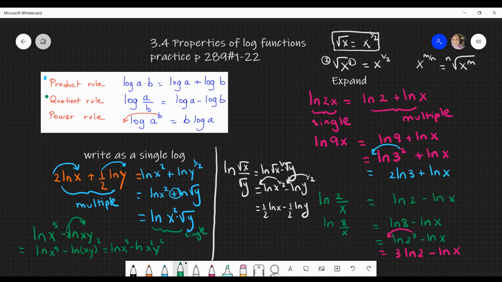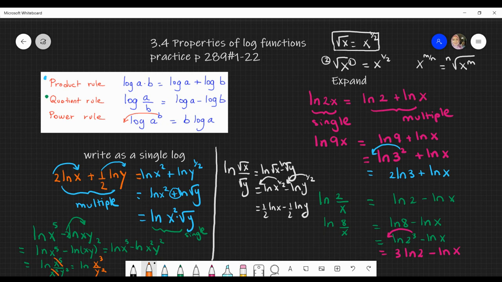And now subtraction, it means we're going to use the quotient rule. So it will be x to the power of 5 divided by x squared y squared. And at this point, we want to make sure to simplify more, because x to the 5th divided by x squared is x cubed over y squared. And that will be the single expression going from multiple logs again to a single log expression.